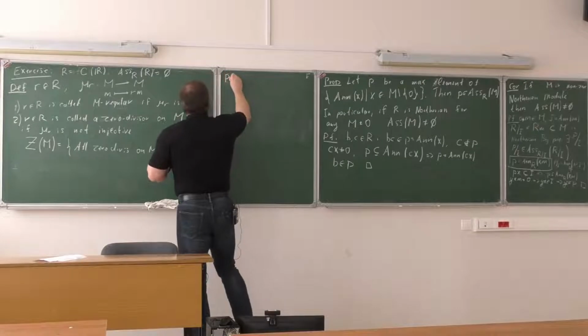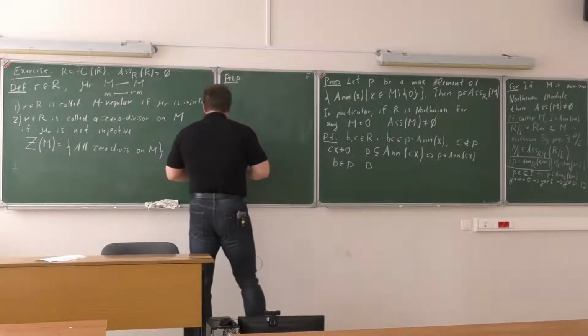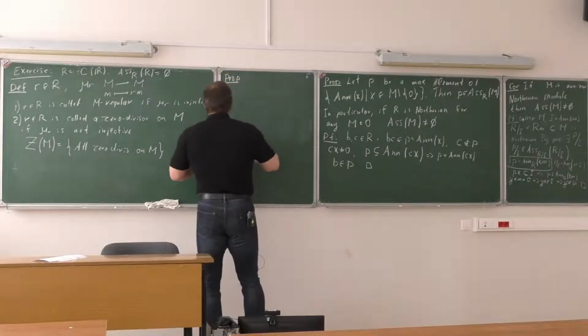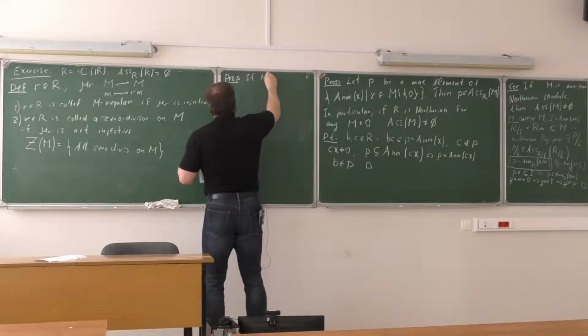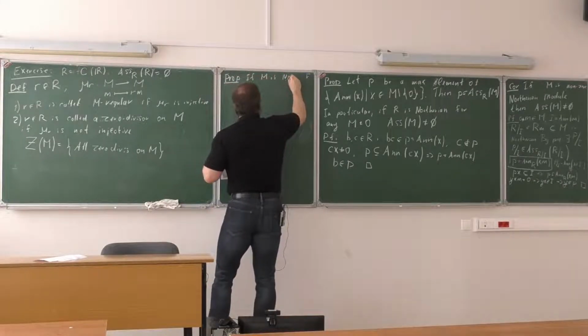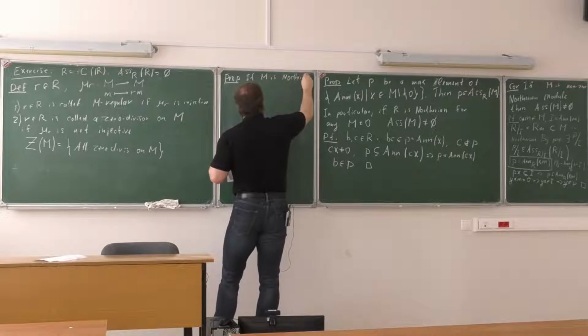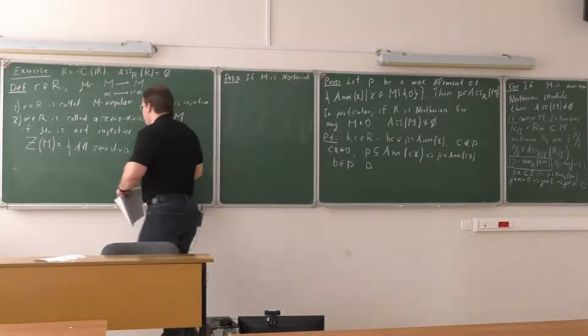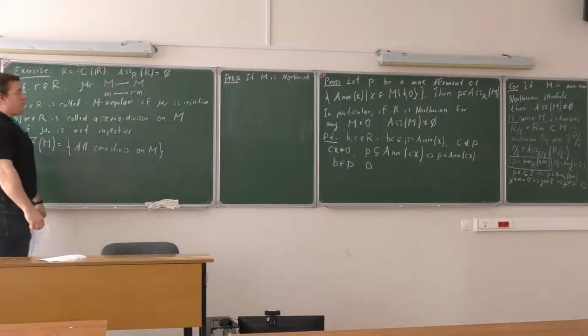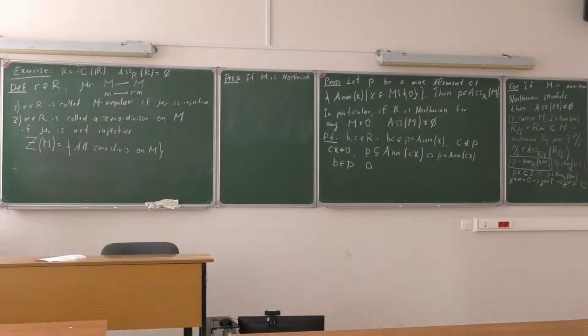Okay, proposition, how this is all related to the associated primes. Well, if M is Noetherian, so if at some point I forget to say that the module is Noetherian, in this chapter I always assume that all modules are Noetherian, because in this case we have these nice propositions.